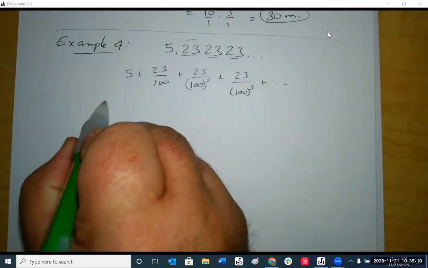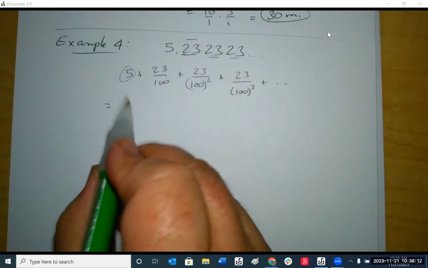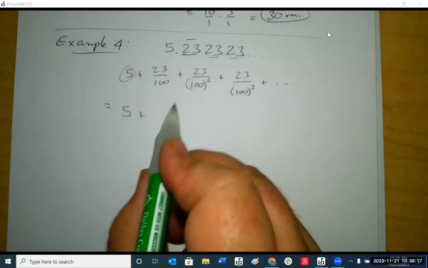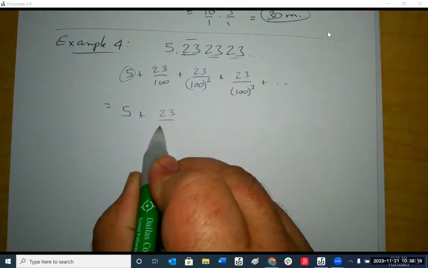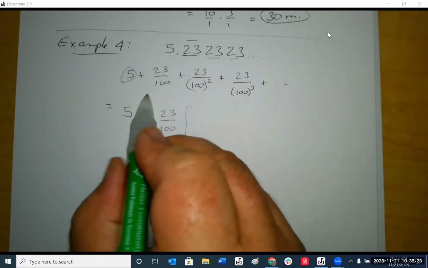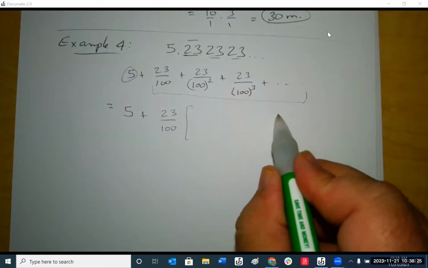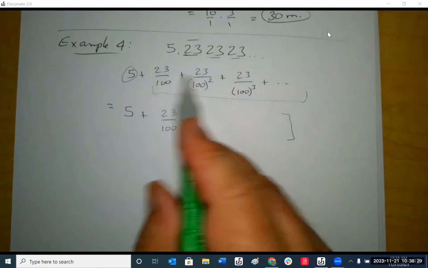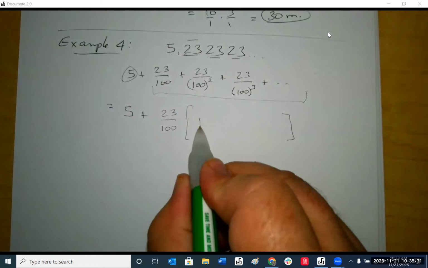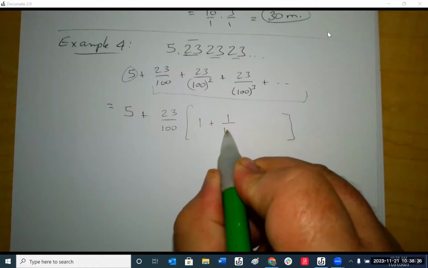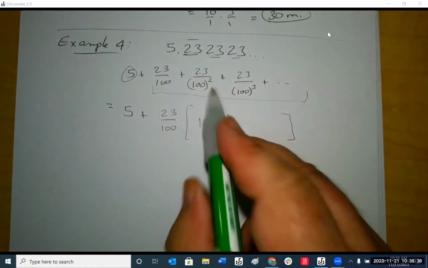All right, so from here, we have our initial value. All of these are terms of 23/100. So we can see what this sum is going to be. So we factor out 23 over 100, we get 1 plus 1 over 100.